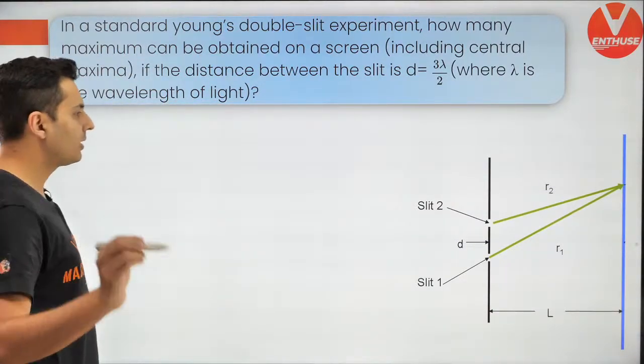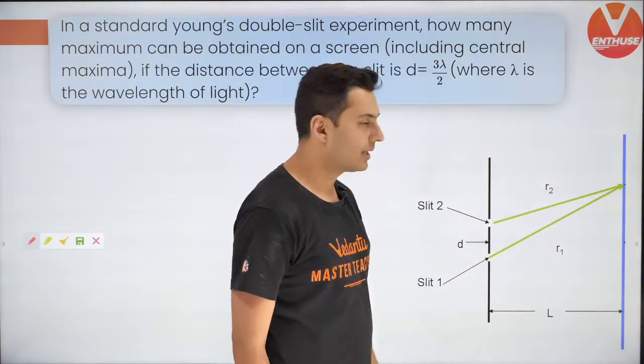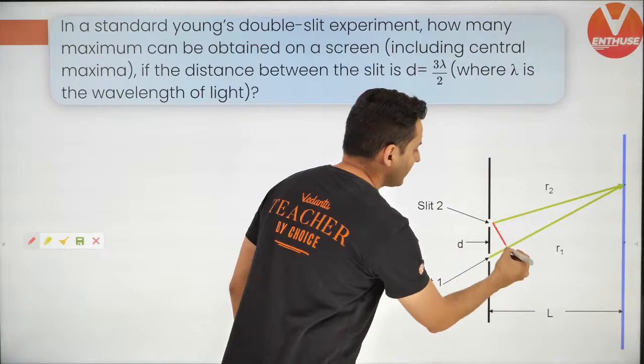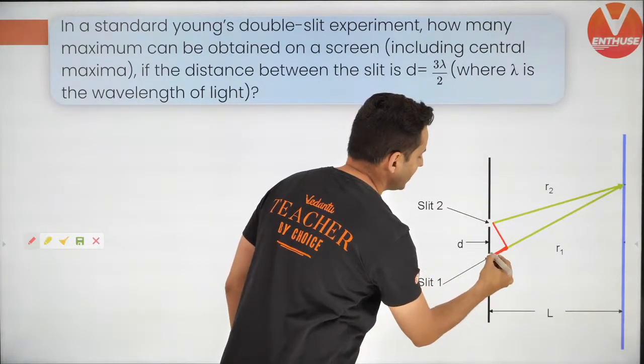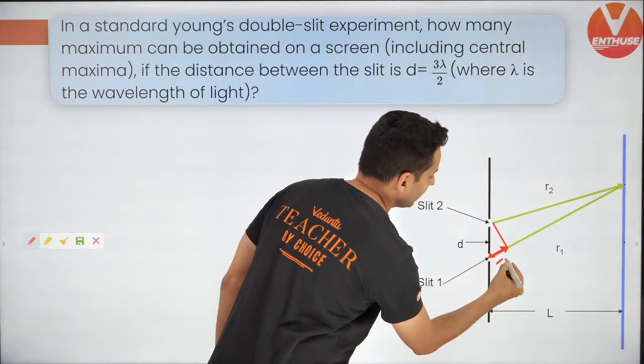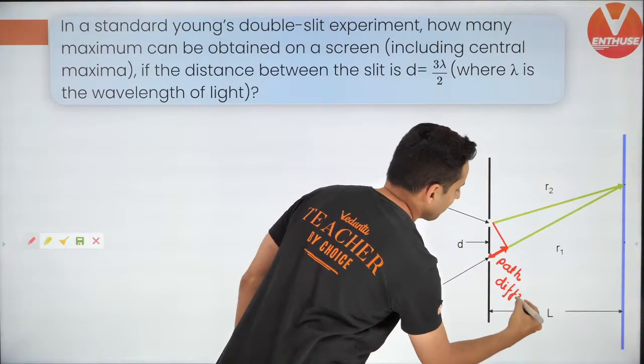Guys, the logic for this goes like that. When the rays from both the slits meet over here, there is some path difference, and the path difference is exactly this much amount. This is nothing but your path difference.